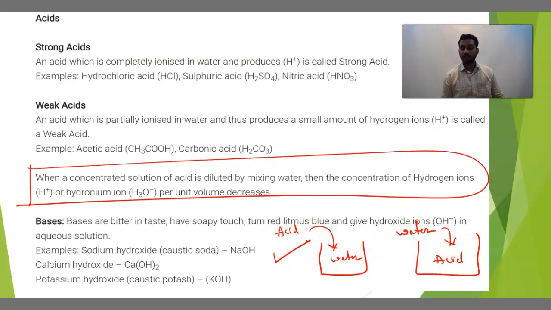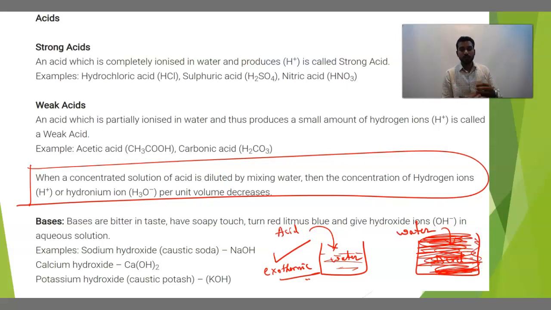This reaction is correct: we should not add water to acid. First let the water be here, and you add acid into it. This reaction is exothermic. But when you add water into the acid, the heat will appear, meaning a large amount of heat is generated.